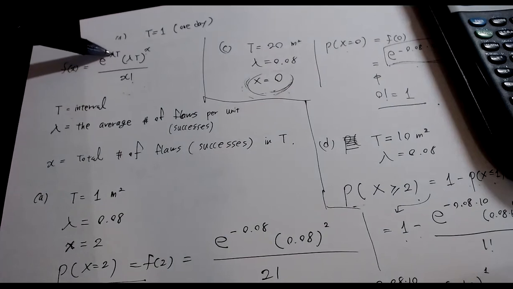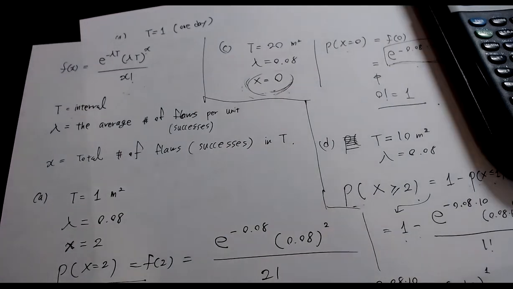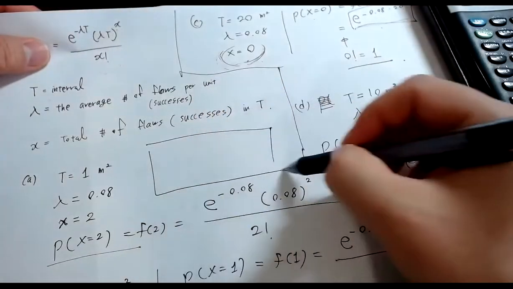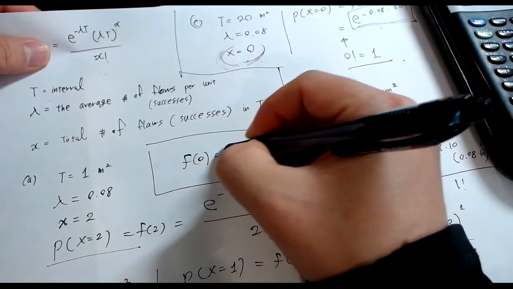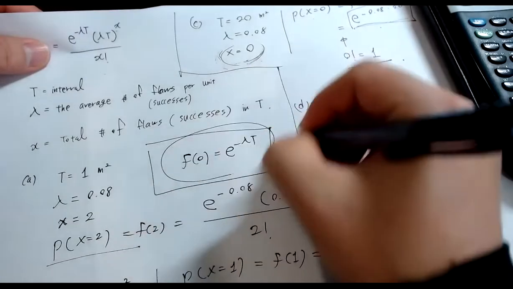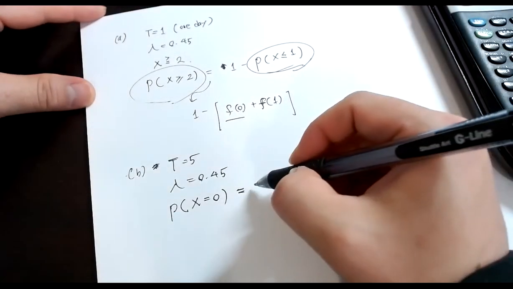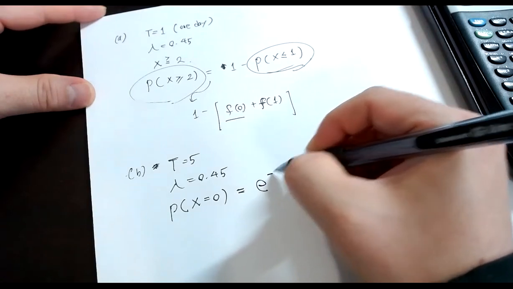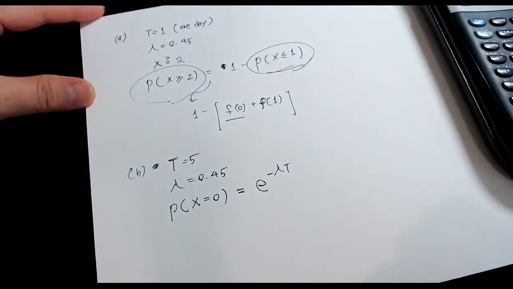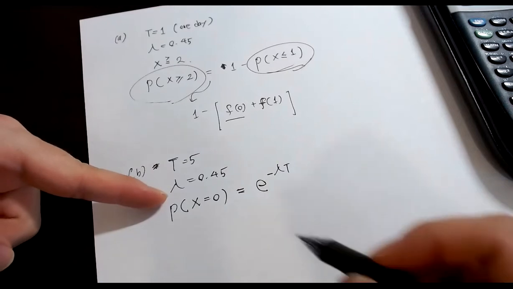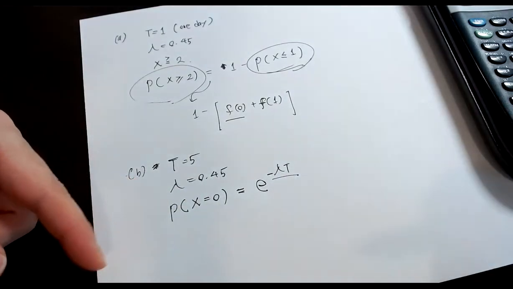So e to the negative lambda t is left. Keep in mind that f of 0 is e to the negative lambda t. Because we know t and lambda, plug them into this formula and you can get the answer.